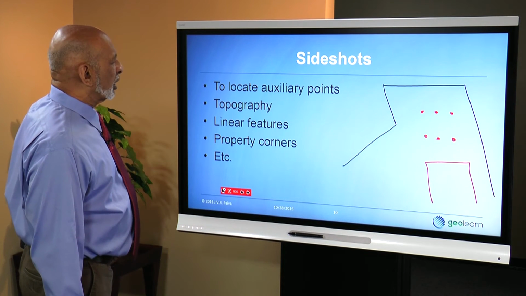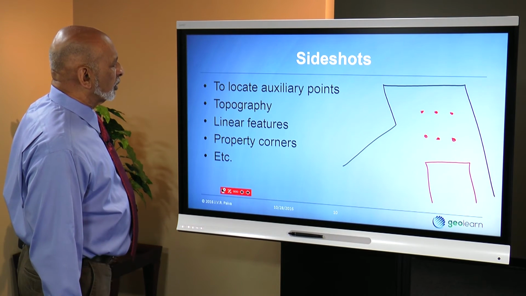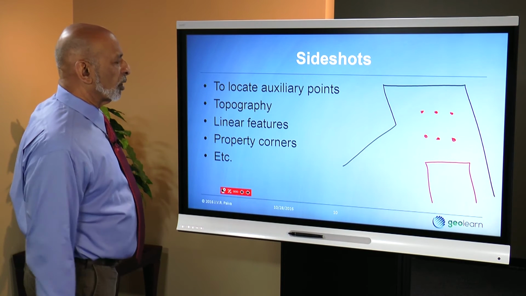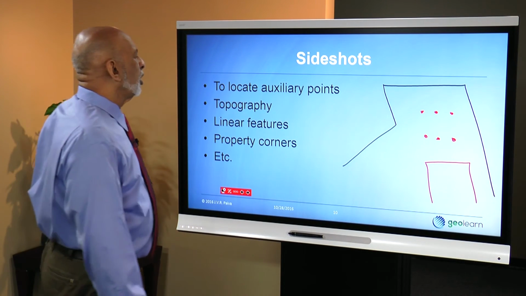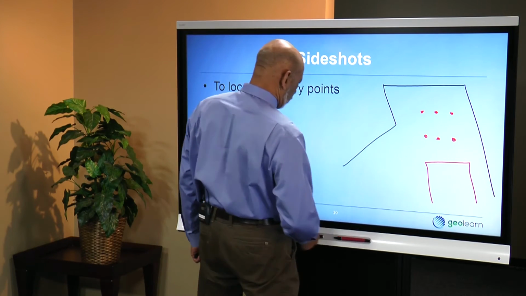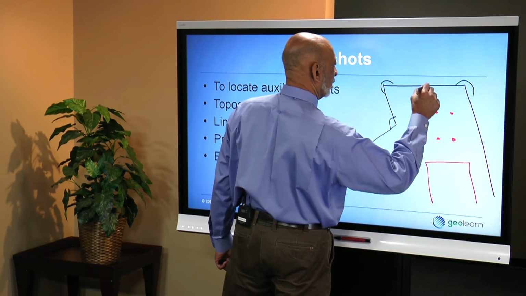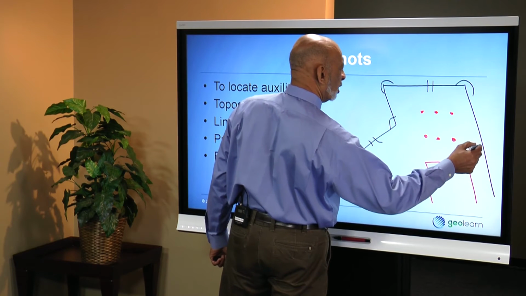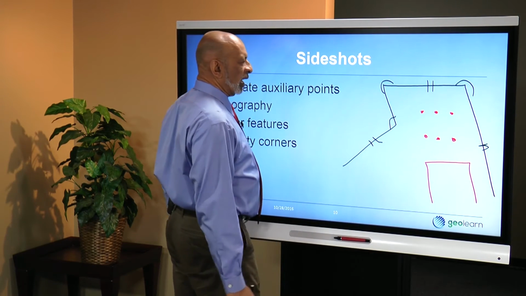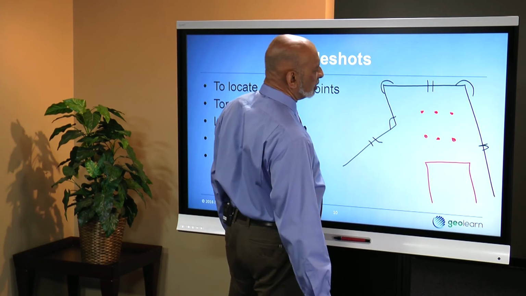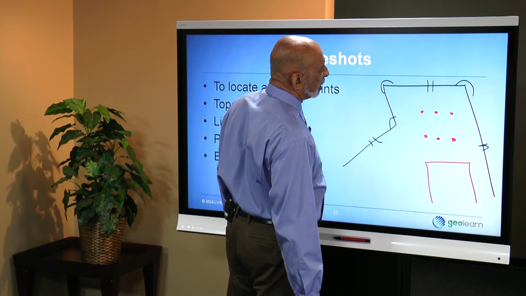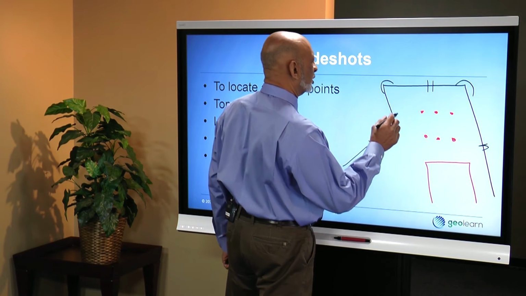So one of the things you can do as you're running your main traverse, or sometimes you come back depending on how much of this you need to do, is that even though you're running your main traverse and measuring these angles and these distances and so forth, you can also have additional lines for recording angles to these side shots.